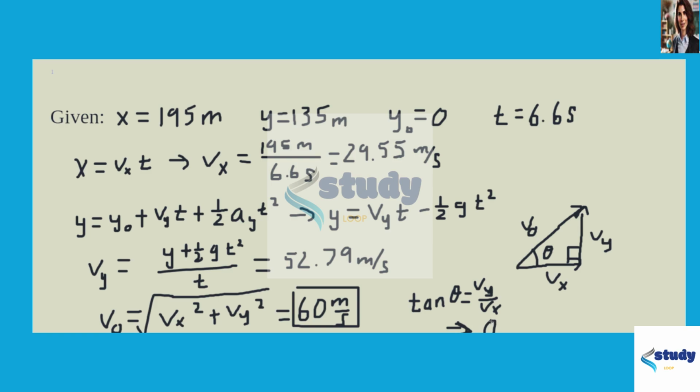Theta is equal to the inverse tangent, written as tangent to the minus 1, of v of y over v of x. So the inverse tangent of the ratio of v of y, 52.79, to v of x, 29.55. Plug those in, take the inverse tangent of that, and you find that this is equal to 61 degrees. So now we have found both magnitude and direction.